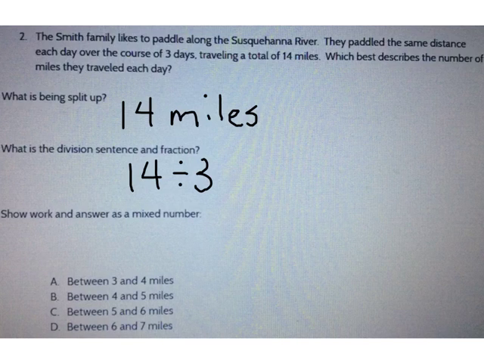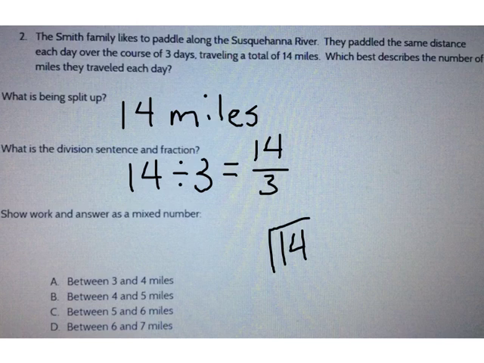How would I write that as a fraction? 14 divided by 3 is the same as 14 over 3. Now I need to change 14 thirds into a mixed number. I'm going to divide 14 divided by 3. How many times does 3 go into 14? 3 goes into 14 4 times. 4 times 3 is 12.